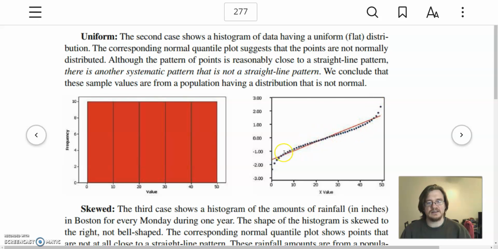We can see that it is pretty close to being a straight line, but this wave in here, this very regular pattern, means that this is not normally distributed. A uniform distribution means all data values are equally likely. In a normal distribution, we should see that data values close to the mean are more likely than those that are far away from the mean. So this wave in here will indicate that the distribution is not normal.